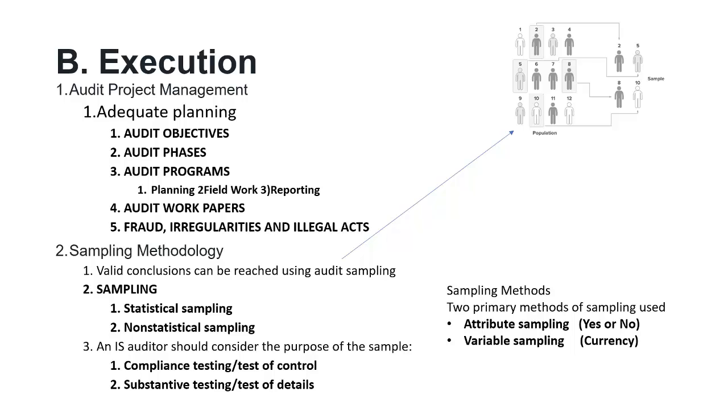So attribute sampling we map with compliance testing. Variable sampling deals with population characteristics such as monetary value, and provides a conclusion related to the deviation. Variable sampling is all about checking how much, how good and how bad.